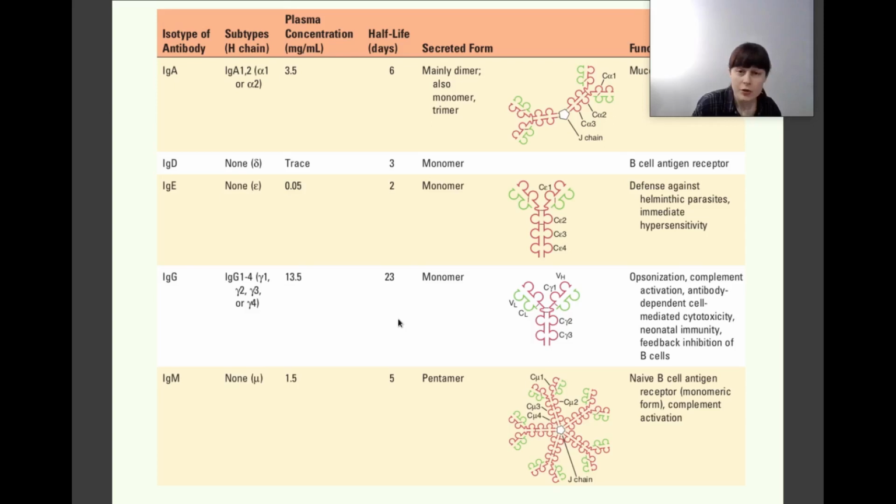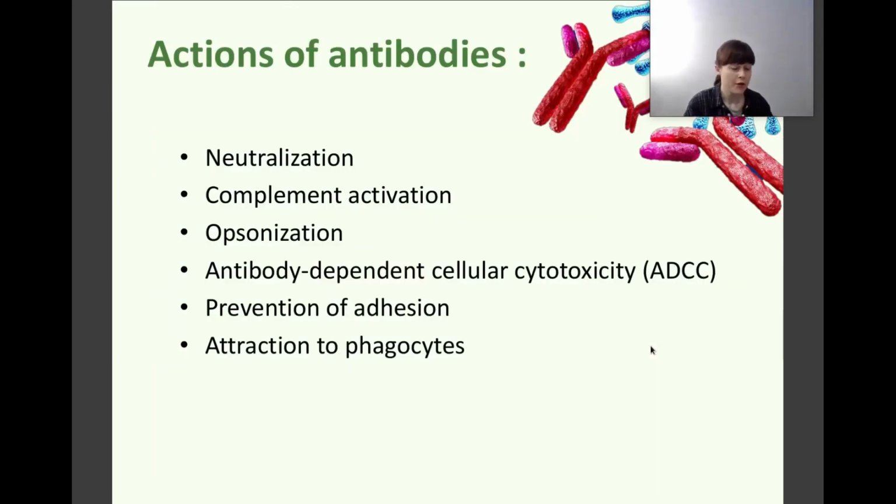The properties of immunoglobulins of different classes are not the same. Like you can see on this slide, the participation of antibodies of different classes in immune reaction is also different. The main function of antibodies, like we said before, is recognition, connection, and neutralizing of antigen, the most important function. Also, antibodies can help in antigen presentation to macrophages and antigen-presenting cells.